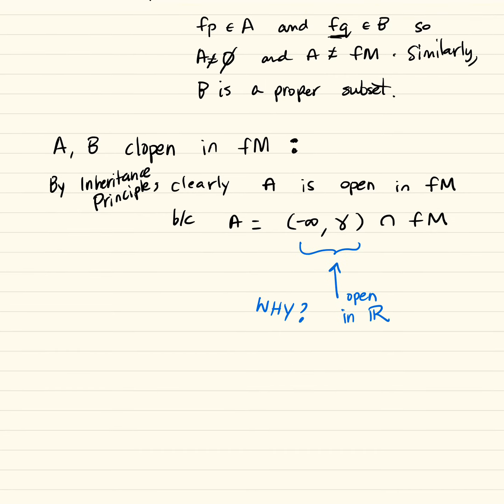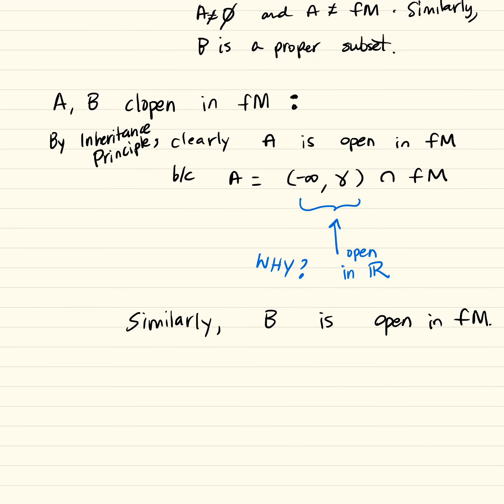And then similarly, B is open in F of M. Right. So if you have two open sets and their disjoint union is equal to F of M, then those sets have to also be cloven, because B is actually going to be F of M minus A.